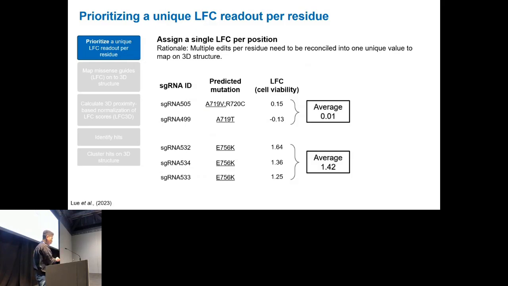So here is how we prioritize those values, by default averaging them. So on this position 719, we average those experimental values and assign 0.001. But users can actually pick, this platform allows the user to pick either average or minimum or maximum across these different LFC values.